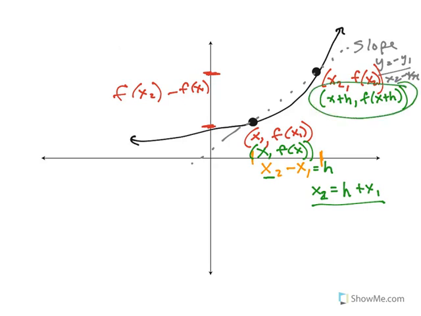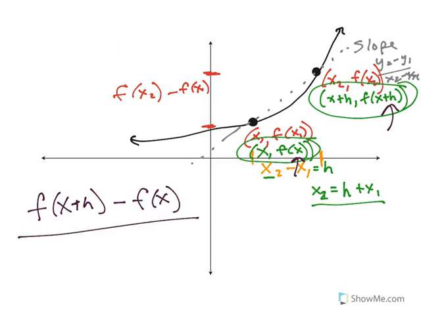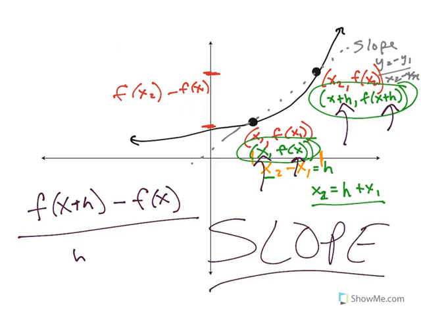Now, using these ordered pairs, think about slope. If I take y2 minus y1 over x2 minus x1, you'll notice here that these x's will cancel out, and I am left with f of x plus h minus f of x all over h, which is the definition of slope.